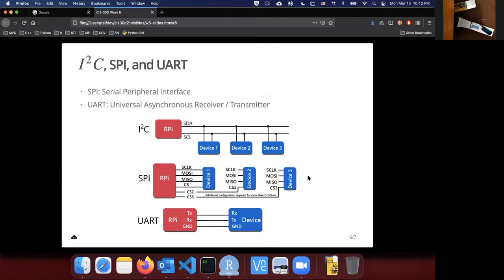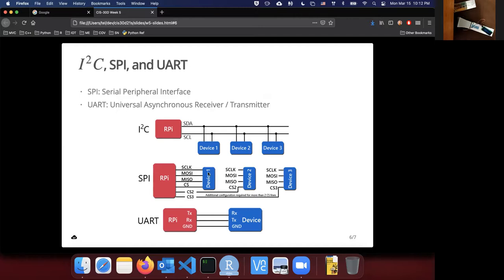Look at this diagram right here. These are the names of those pins, by the way. I'm not going to go into too much detail of SPI, but I'll tell you what those abbreviations mean on your pin naming scheme. This is the serial clock, SCLK. This is master output, slave input, MOSI, and MISO is master input, slave output.